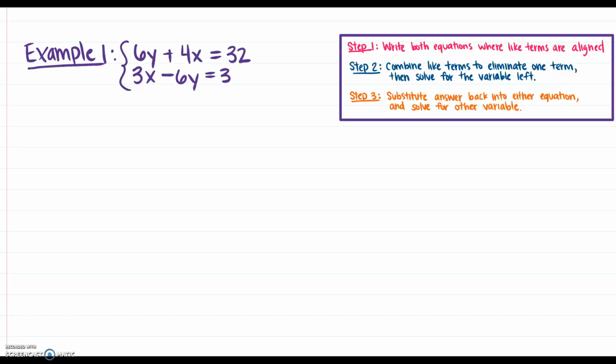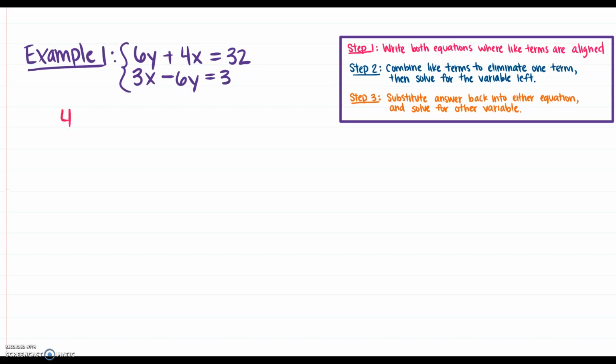So if we look at step 1, we're going to write both equations where the like terms are aligned. If you look right here, we have our y over an x and x over a y. So I'm going to want to switch those in the first equation. Instead of having 6y plus 4x, I'm going to rewrite it as 4x plus 6y so that I have my terms lined up.